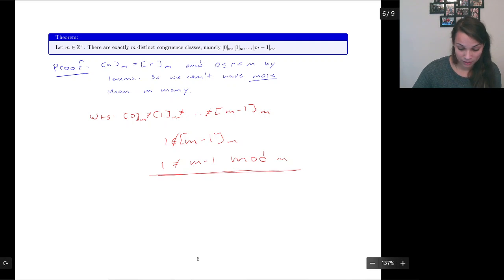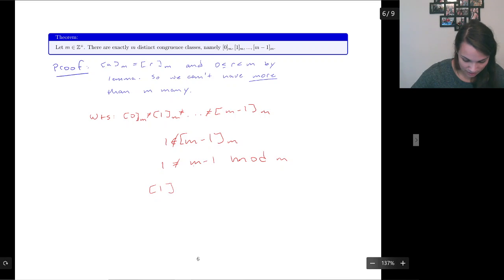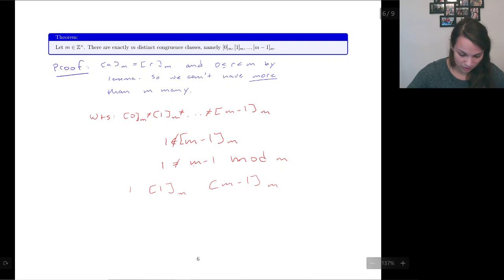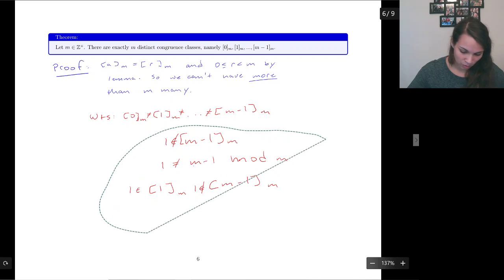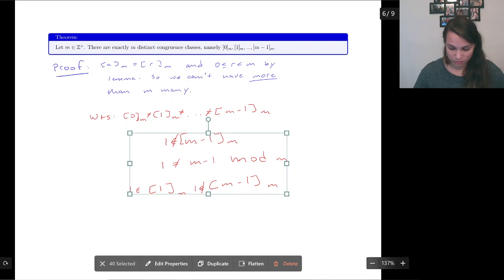So remember, if 1 isn't in m minus 1 mod m, that means that this guy and this guy have an element that isn't in common. So we have 1 here, but we don't have 1 here, which means they have to be completely separate. They don't overlap at all. That was the second lemma that we just proved.